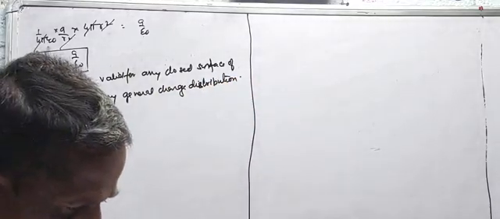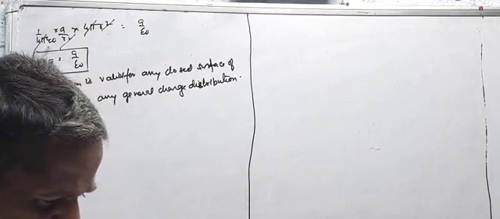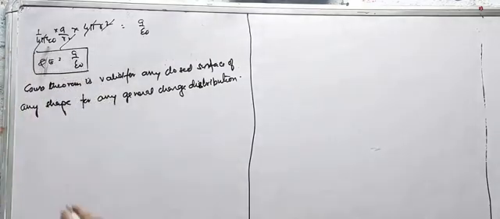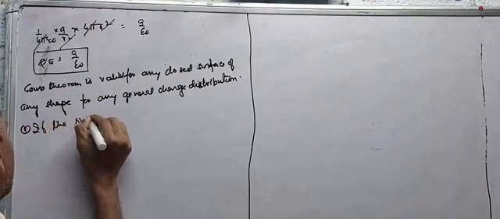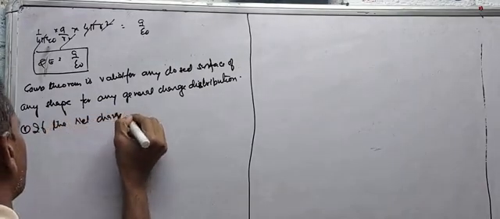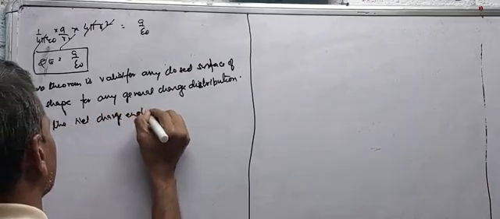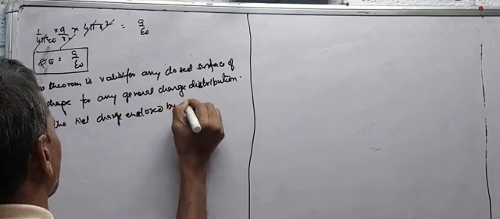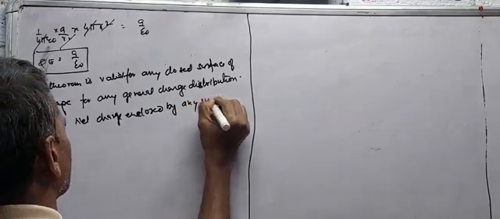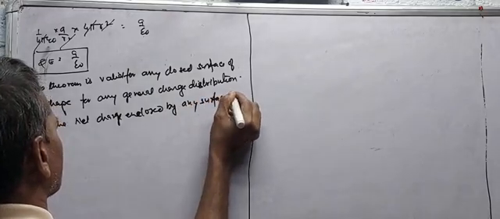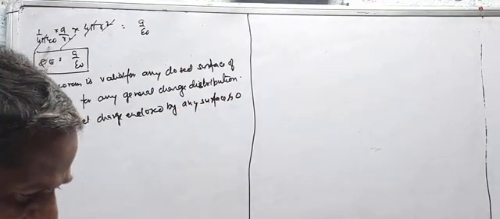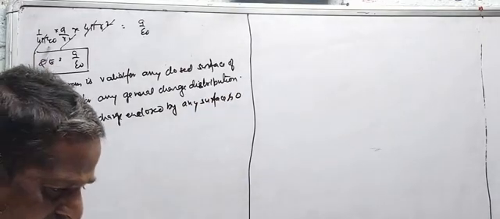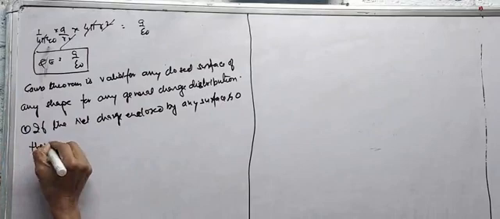If the net charge enclosed by any surface is 0, then flux through it is also 0.